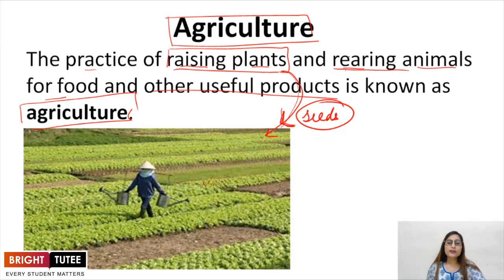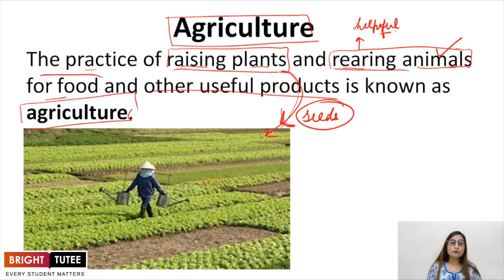And rearing of animals. Students, for our crop production, we require some animals as well. We will be seeing how animals are helpful in the production of crops. So we rear animals as well for food and other useful products. For example, from animals we obtain milk, right?